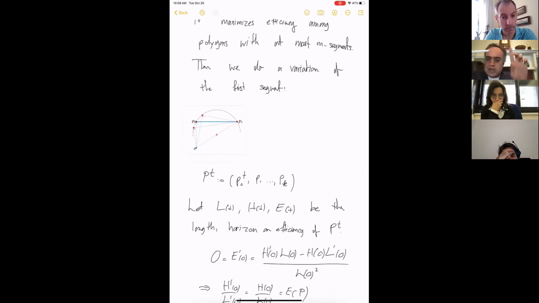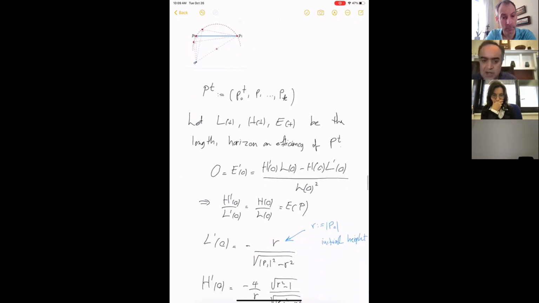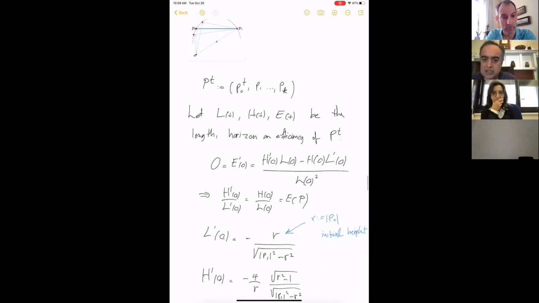So if your polygonal curve was a critical point of the efficiency, then E prime of 0 is 0, where I have this variable t. Now, efficiency, remember, was the horizon divided by length. I'm just differentiating, and this is equal to 0.